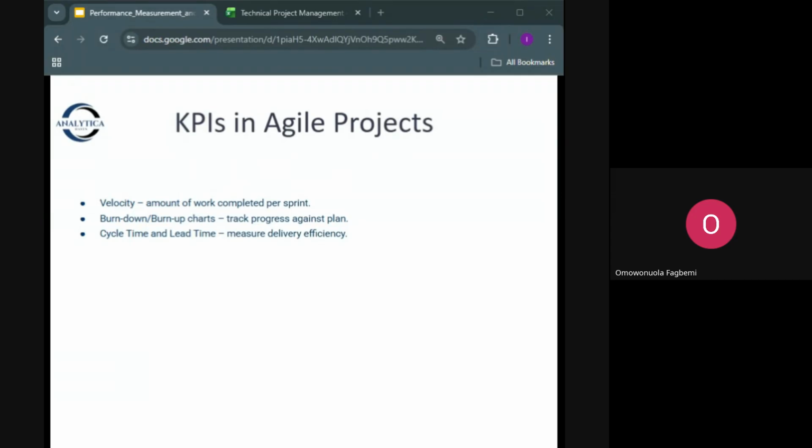Velocity is the number of completed deliverables per sprint, painting 3 rooms per week, for example. Cycle time is how long one room takes to finish. Burn down charts show how much work remains. So this helps small iterative construction or IT projects track progress flexibly. Okay, so we're going into agile, I believe, next week, where we will engage more in these topics.